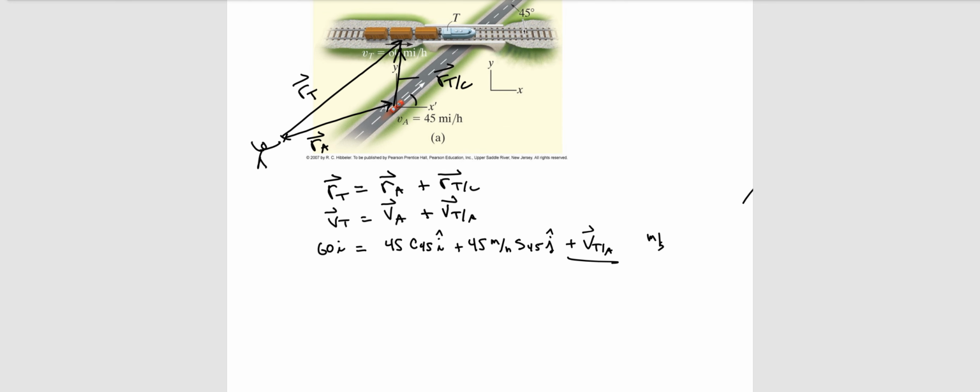Now it's just a simple algebra problem to solve for this. The velocity of the train with respect to A is going to be this minus these two things.